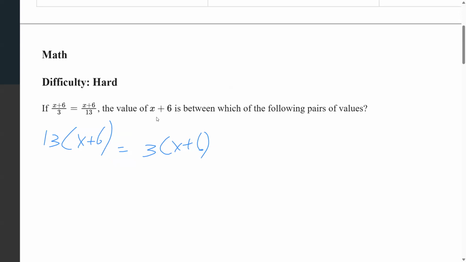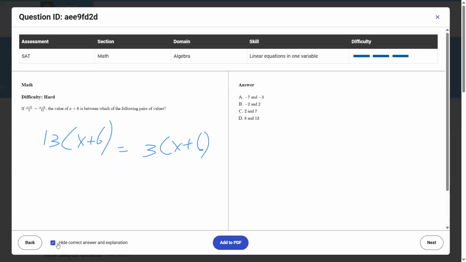I don't know how to solve such a question. Let's see.